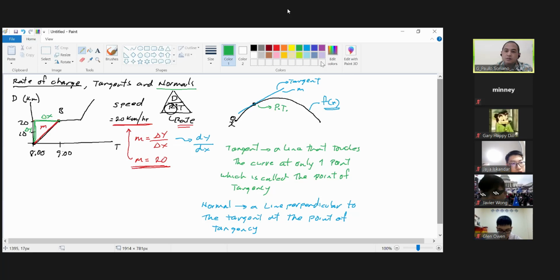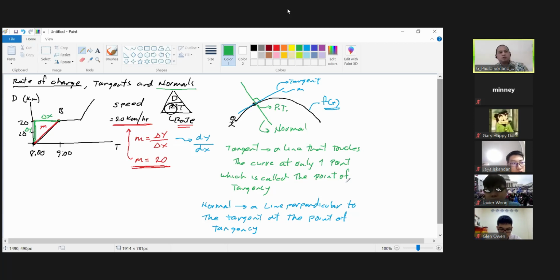If I'm going to draw that, this is something like that. This is supposed to be at 90 degrees. This line now is called your normal line. Okay, so we are done with the definition of terms.